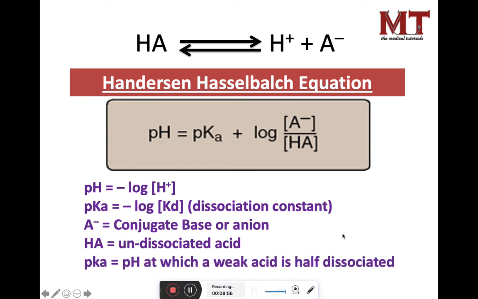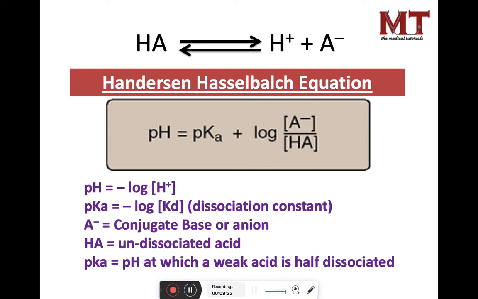However, their mathematical value is equal when the weak acid is half dissociated, because the dissociation of a weak acid depends on the pH. So as the pH changes, the dissociation also changes. When it is 50% dissociated, the pH is equal to its pK value. Only their numerical value is equal. Otherwise, they are two different terms.